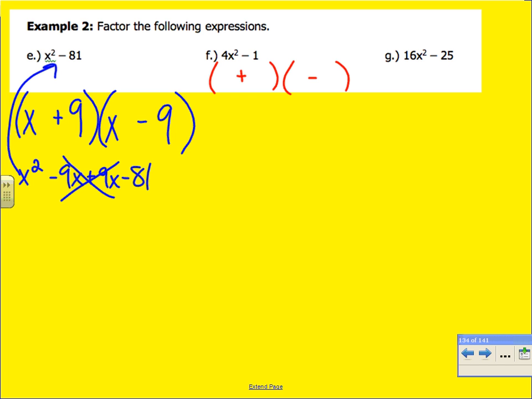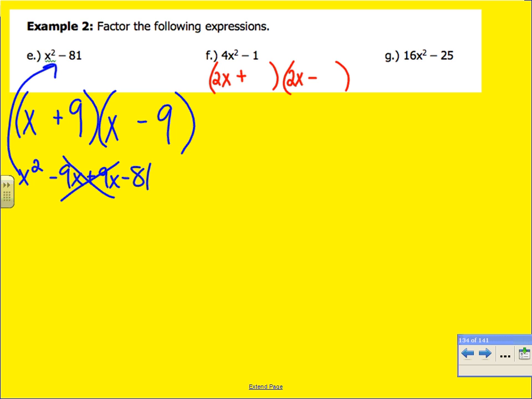You then need to ask yourself, what is the square root of 4x squared? The square root of 4 is 2. Just like when we memorized our list, you guys should be pretty good with those by now. The square root of x squared has an even number exponent, so divide it by 2, we get x.